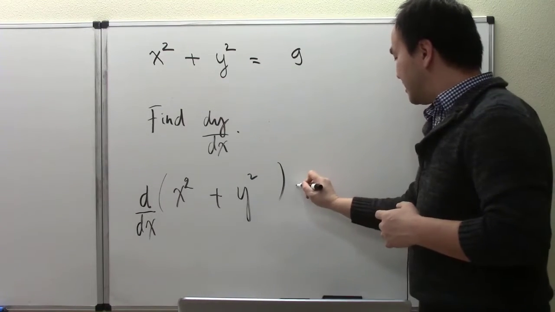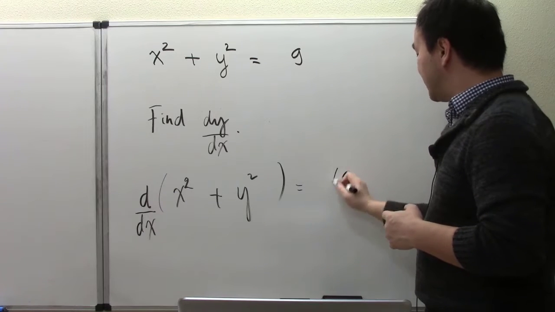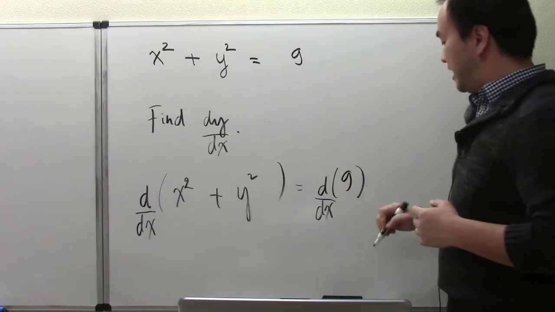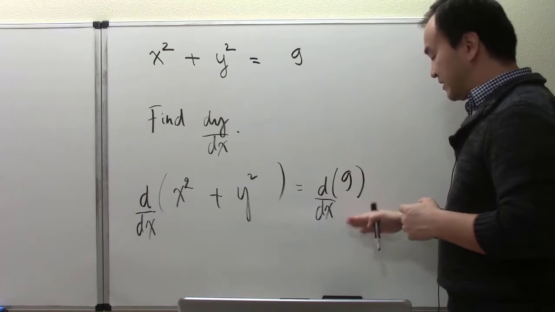And the right hand side is the same, but gladly it's only a constant. Differentiating a constant with respect to any variable will give us a 0.